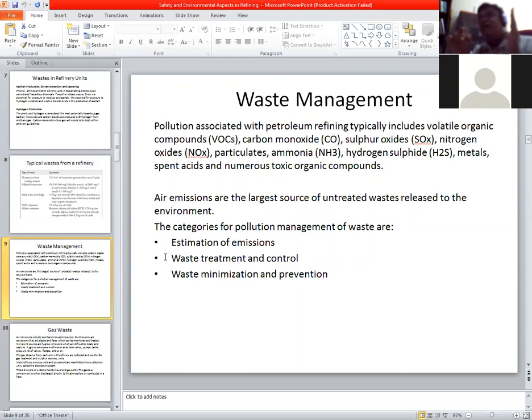Another thing, emissions will escape, like SOx, NOx, carbon dioxide, or carbon monoxide. So catalyst activity has to be maintained very well. This is one thing we can do for minimization. Then flanges and all the connections have to be checked periodically. Like that, we can do at least some minimization.